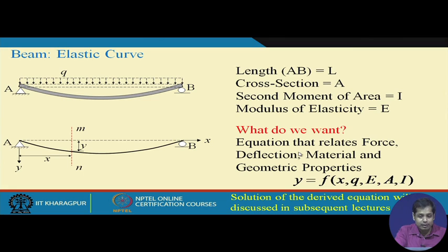If you remember, in the first lecture we said the process we follow is: a physical process, then idealization, then derivation of the equation representing this idealized physical system, and finally solving those equations. Today we'll derive this equation, and how to solve it we'll see in the subsequent classes.